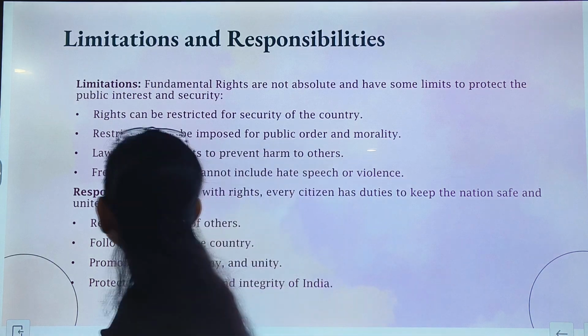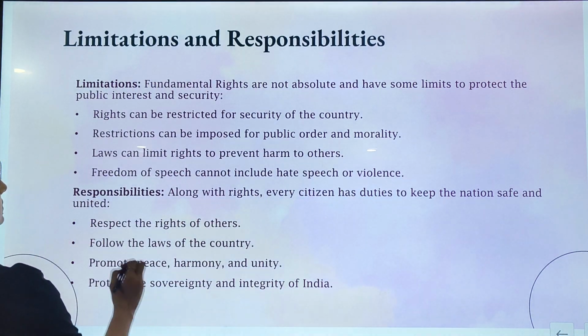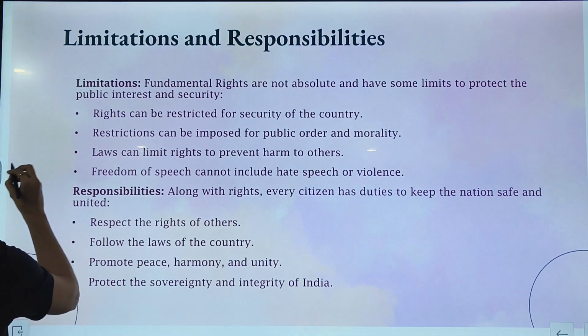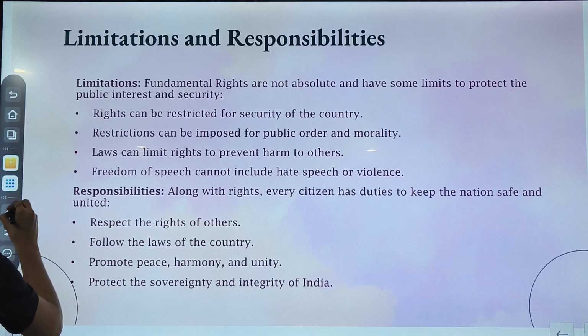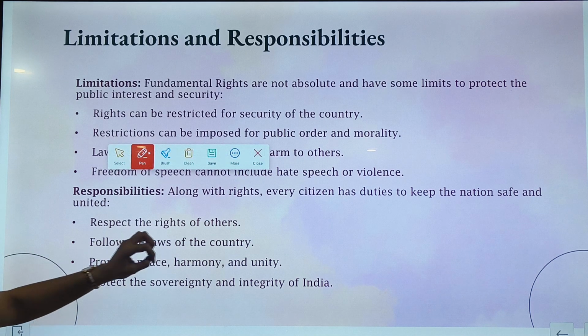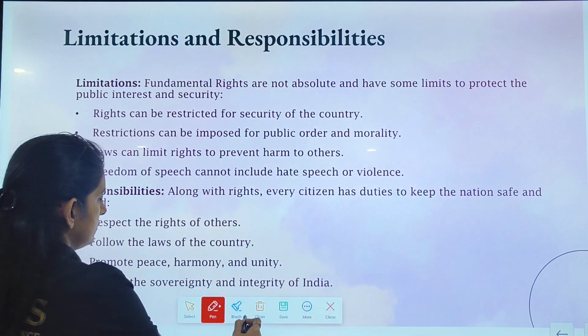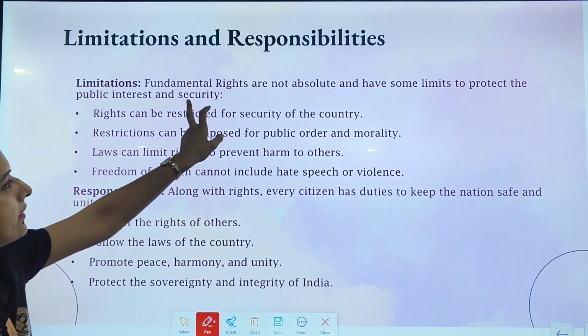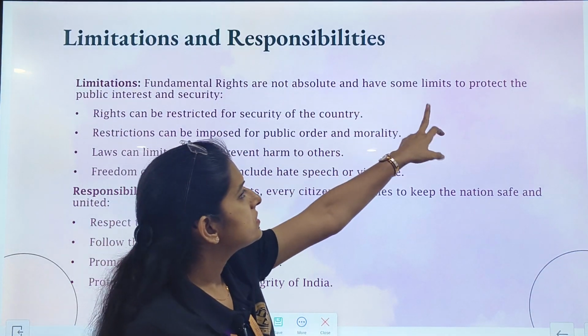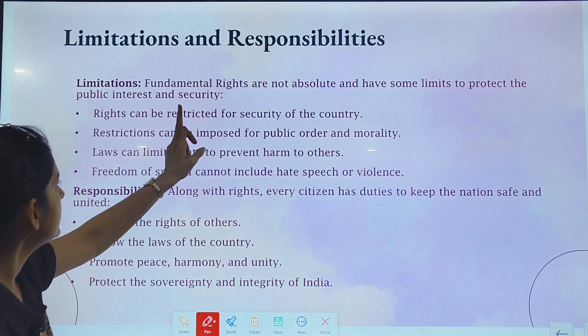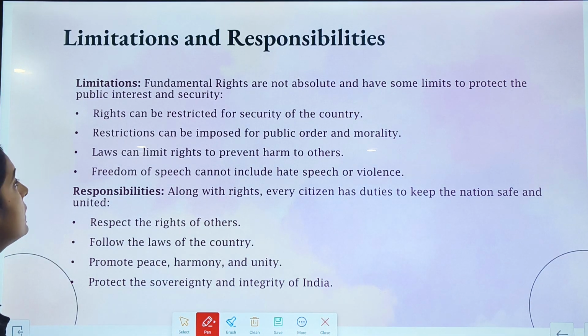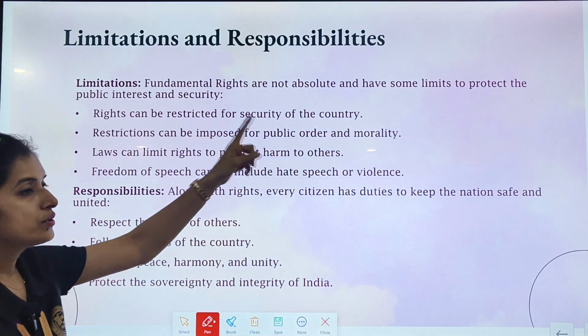What are the limitations and what are the responsibilities of fundamental rights? First of all, rights are not absolute and have some limits to protect the public interest and security. Rights can be restricted for the security of the country.